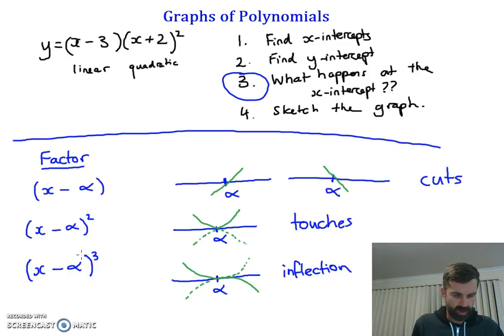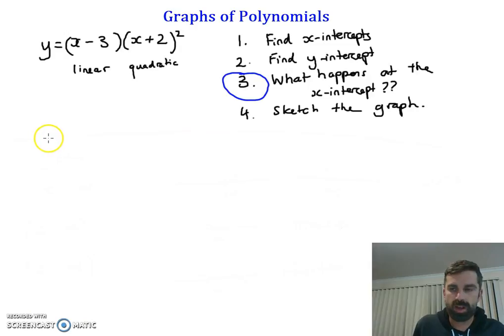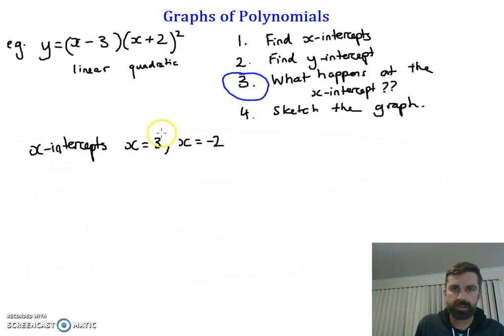Okay, so let's go back to our example. I'm going to come back to our example up here. y equals (x take 3) in brackets times (x plus 2) squared. All right, first of all, the x-intercepts: I know that they are going to be x equals 3 and x equals negative 2, because those numbers, if I put them into these brackets, would make the whole thing 0.